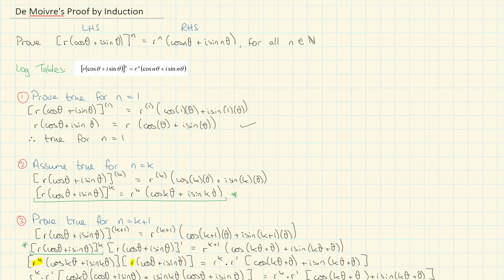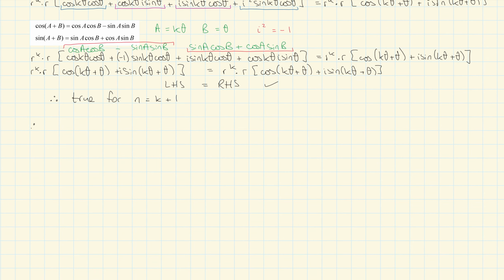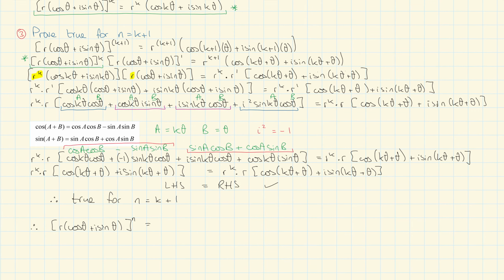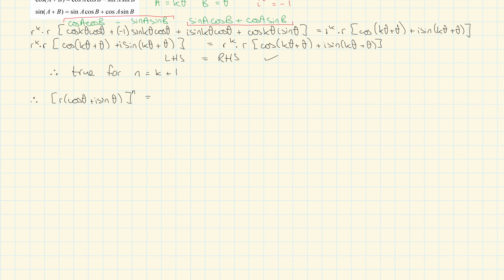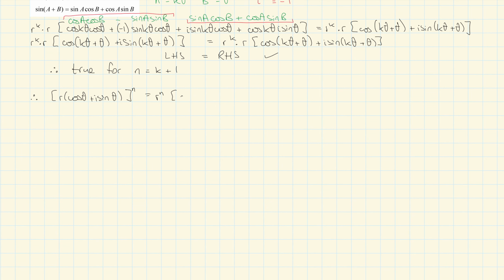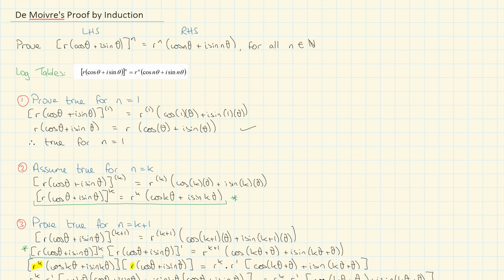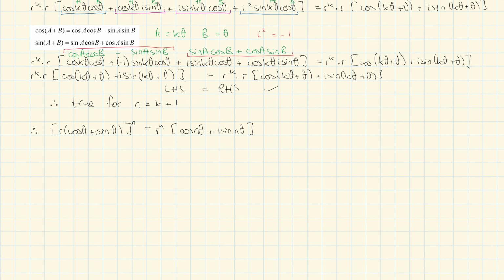So we want to prove that cos theta plus i sine theta to the power of n equals cos n theta plus i sine n theta, and then there's your second bracket, and then for all n an element of the natural numbers.